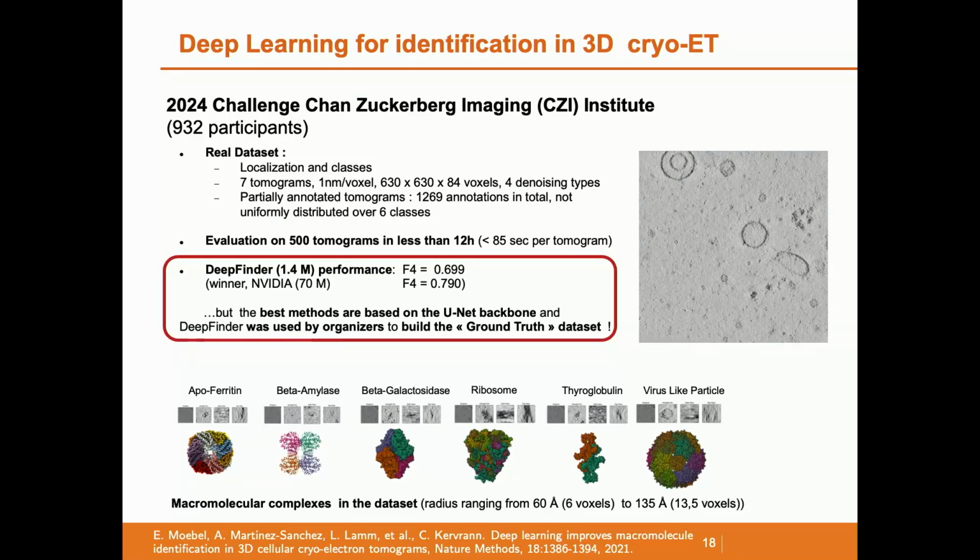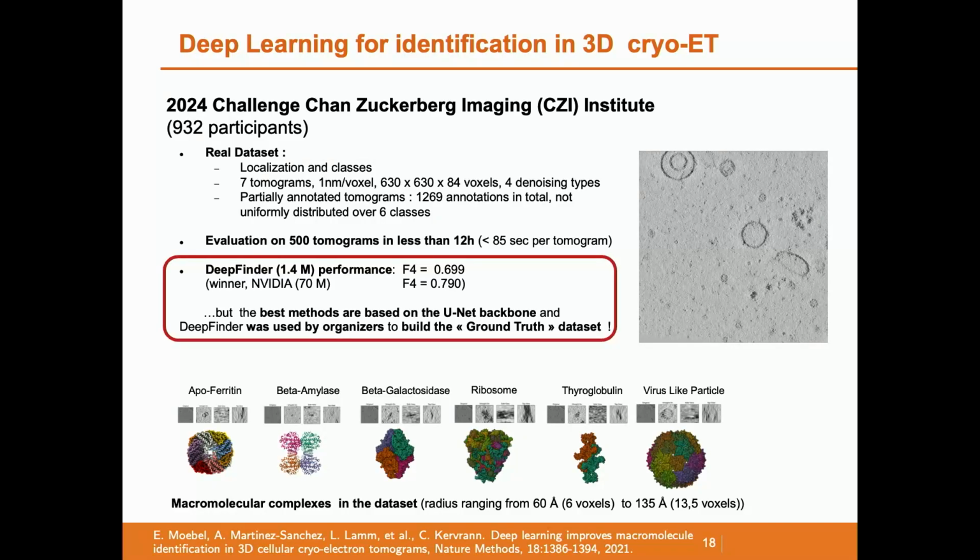So at the end, the best score were obtained by the NVIDIA team. This was not a surprise. They designed a model composed of 70 millions of parameters. Okay, DeepFinder was composed only of 1 million parameters, and they trained several models at the same time.